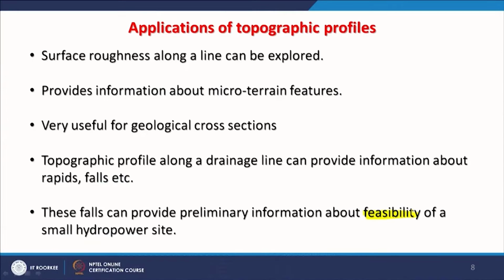Because for a small hydropower site, many times you do not need a very high head. Maybe even a 5 meter or 10 meter head, a site can be developed. So for that purpose, if we get this topographic profile and find a good fall, then a site can be developed easily. So it is a very quick way to find out the feasibility; this tool can be used based on the concept of the topographic profile.